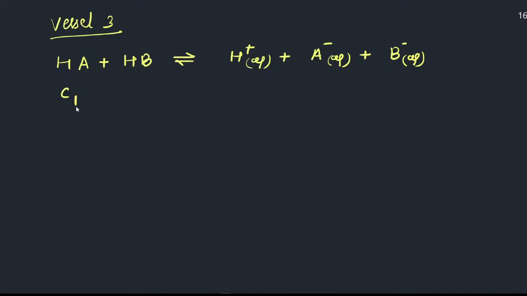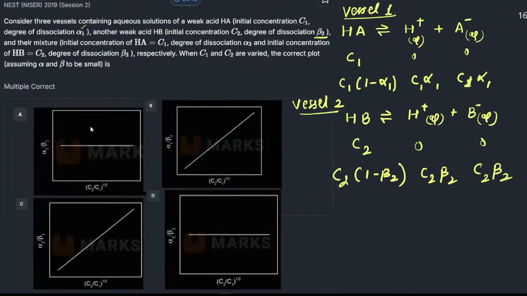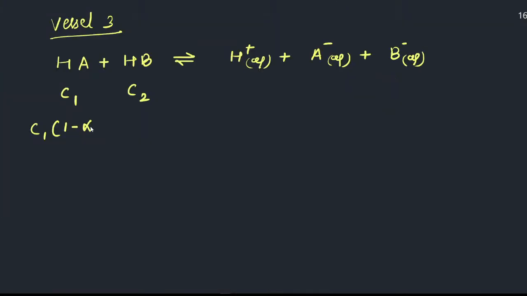It is C1, C2, but now it is C1 (1 minus alpha 3), C2 (1 minus beta 3).